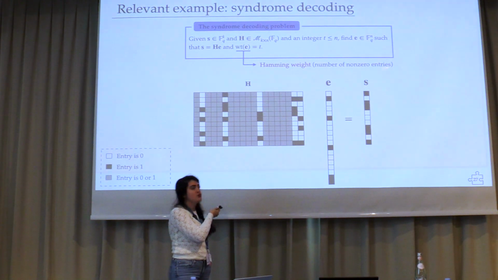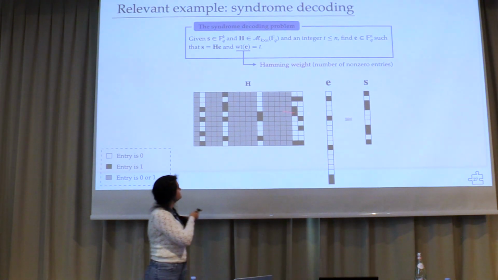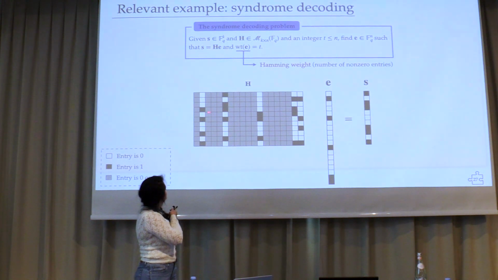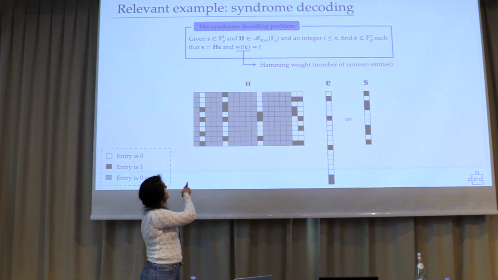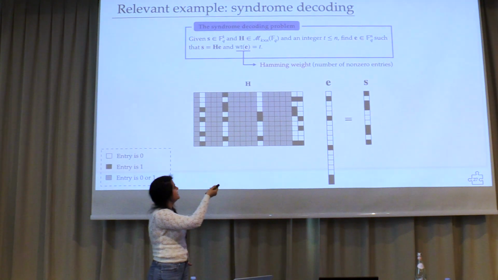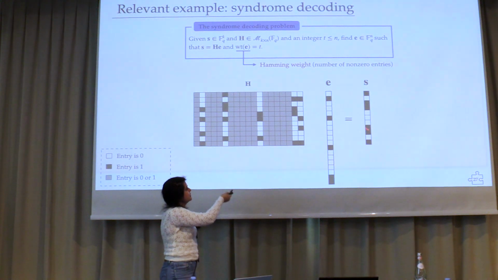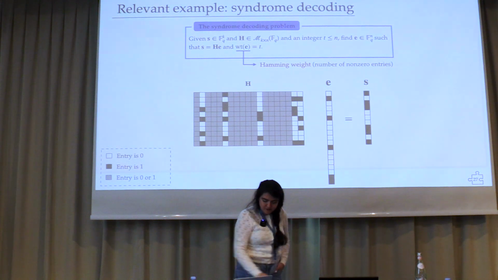We know t, so which are the t columns that you're going to sum up? It's n choose t. You choose which columns, you sum them up, and you check whether it is equal to the syndrome. If it is not, you pick another subset of t columns, sum them up, and check whether it is equal to the syndrome. So that is what the problem looks like.